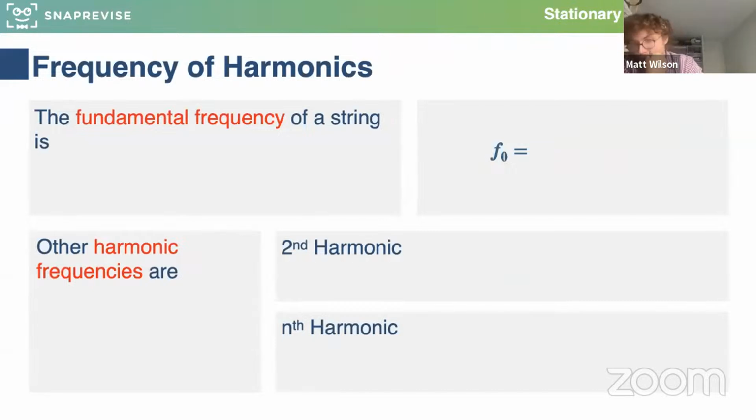So far I talked about the wavelengths, and now we're going to talk about the frequencies, which is usually when people talk about overtones. I think they're usually thinking more in terms of frequencies, in terms of pitch. Okay. So let's think about our string again.